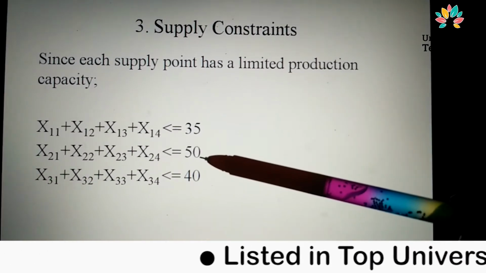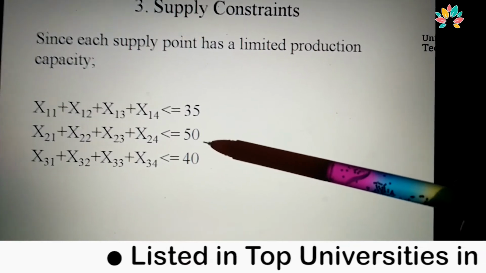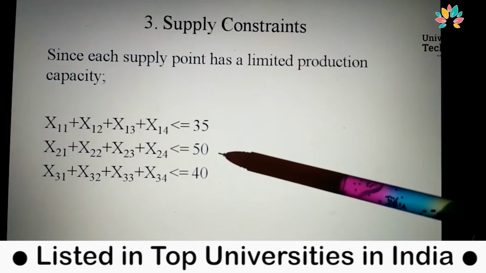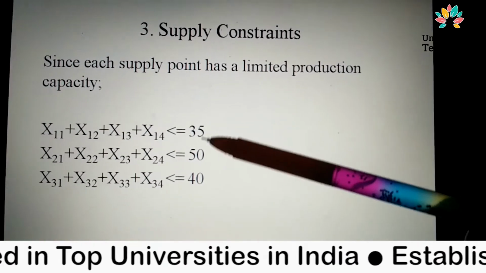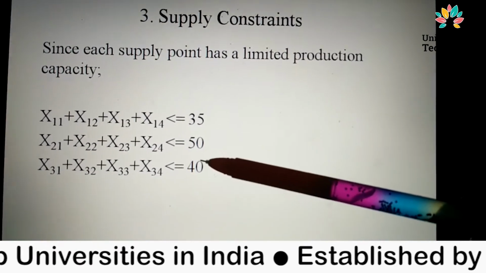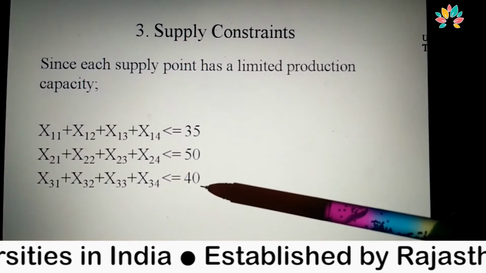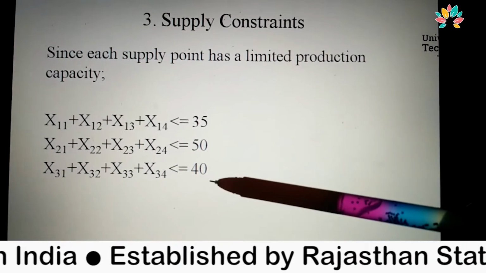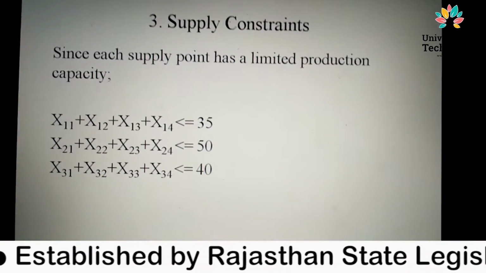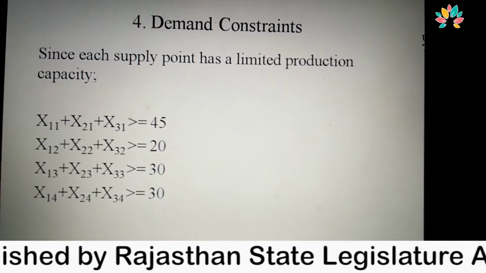The second, plant 2, only has the capacity to manufacture 50 units. Similarly, plant 3 has the capacity to manufacture or supply 40 units to the various cities, right?